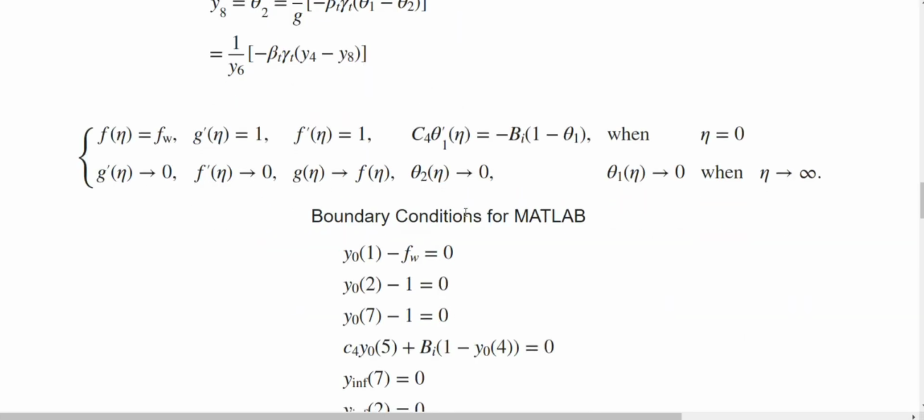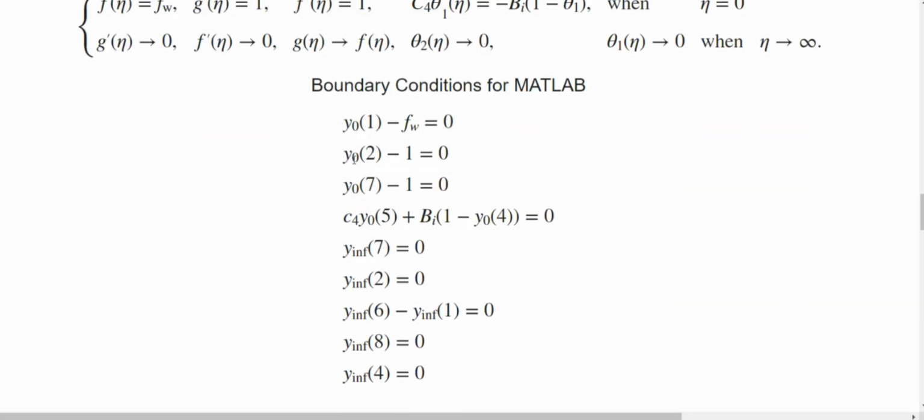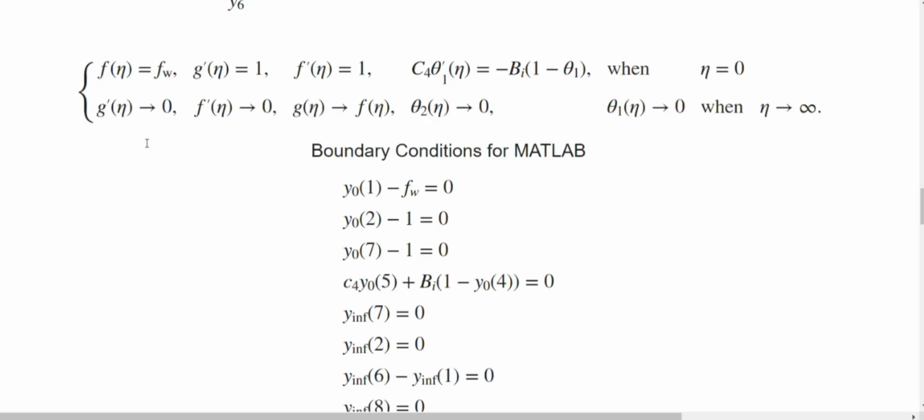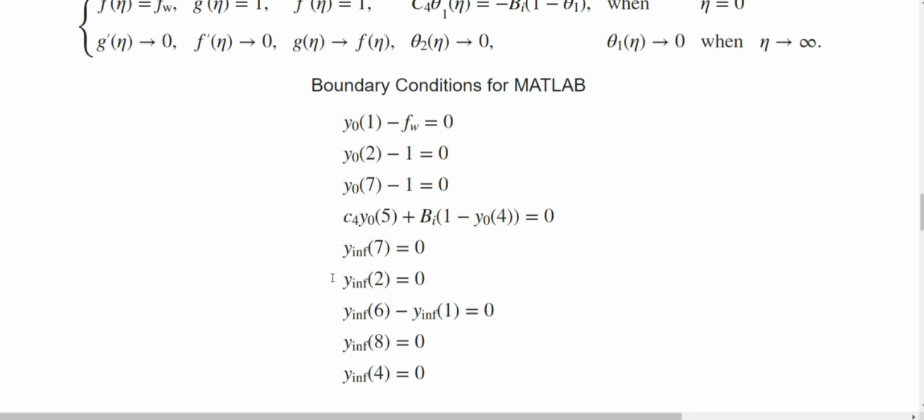These are the boundary conditions, and as you can see, for implementing in MATLAB, we need the residual of the boundary condition. So we have y0, where 0 shows the variable at the left hand point, which is 0, and yinf shows that we have the boundary condition at the right hand point, which is infinity.